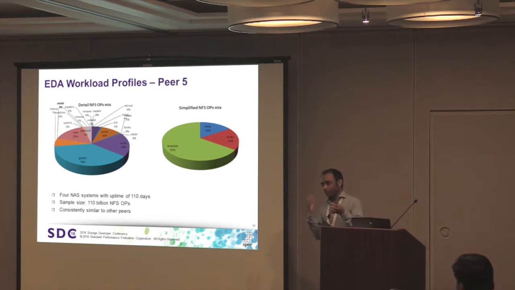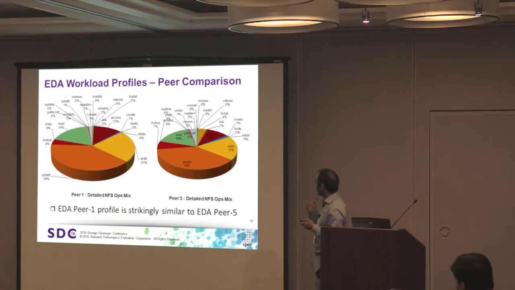So pie charts look pretty and they look nice, but what I did eventually is I tabularized them, which is coming up next. But just to reiterate and emphasize the point, if you put peer 1, which is a US EDA house, and peer 5, which is an EDA house based out in Korea, side by side, look at how strikingly similar their profiles are, right? 39% getattr versus 38% getattr, 10% access versus 12% access, 19% writes versus 23% writes, so on and so forth.